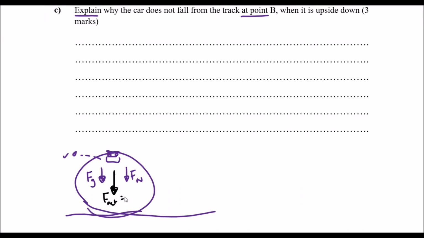And that so happens to also be your centripetal force. So you could say that our net force is Fg plus Fn, also equal to mv squared over r. Okay, so car in uniform circular motion.